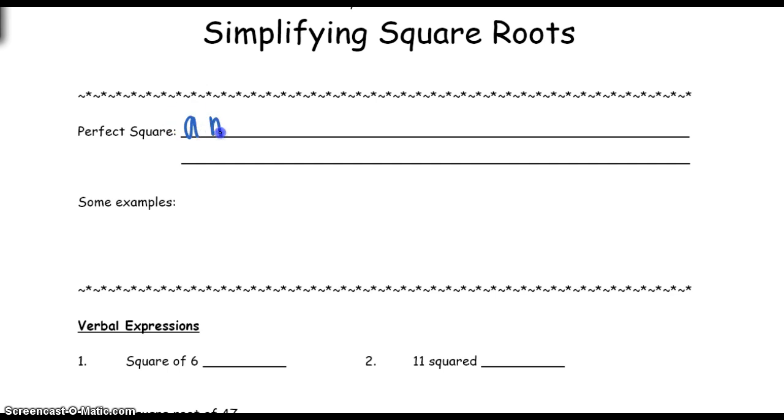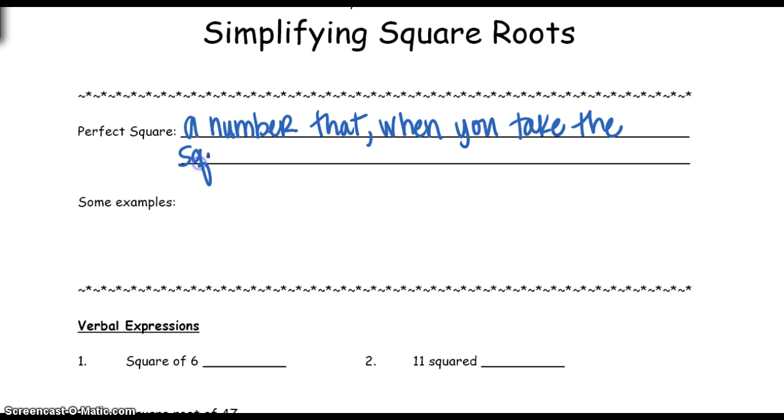It is a number that, when you take the square root, is not a decimal. So if you have a number and you take the square root of it and it is not a decimal, then it is a perfect square.